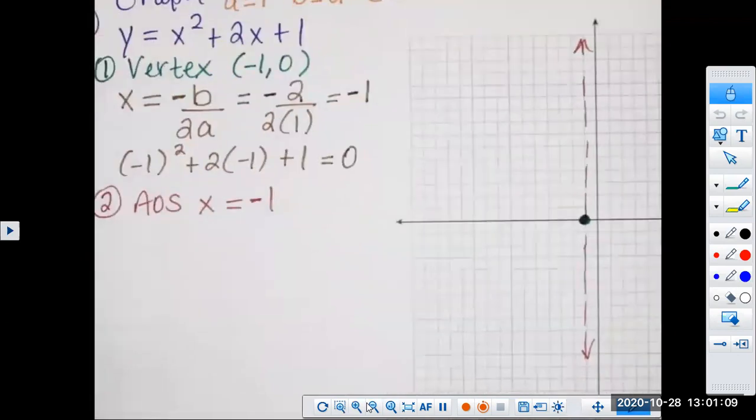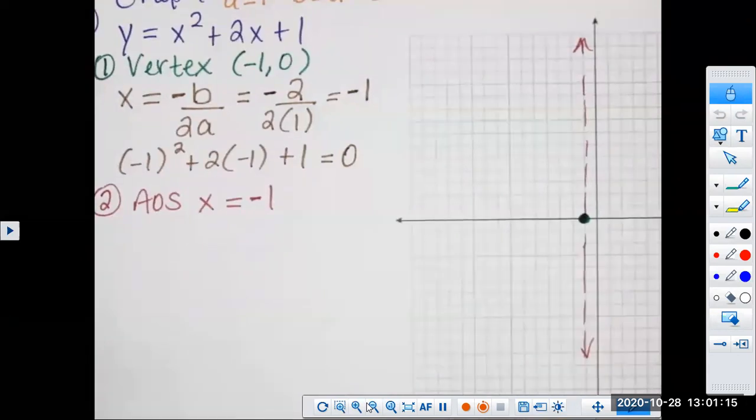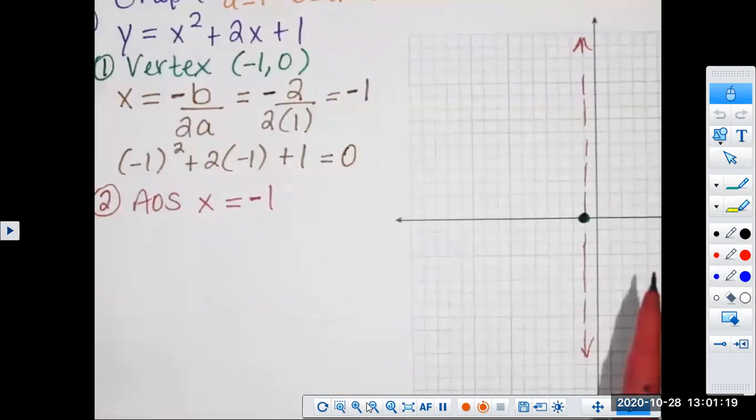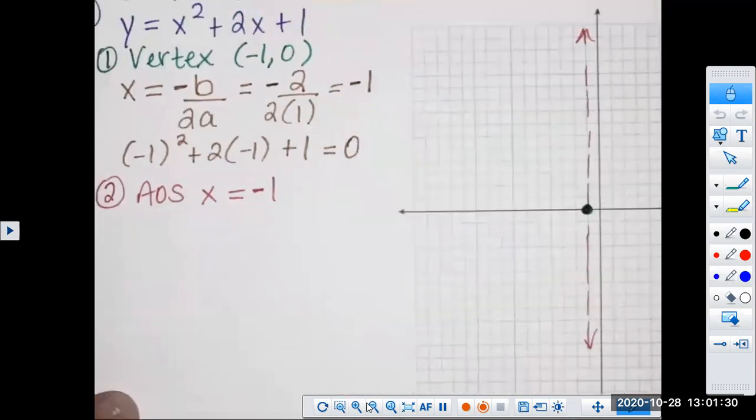Good, negative 2 and negative 3. I always try to stay close to the vertex. If you venture out too far, this being squared, you're going to wind up with really big numbers. Which numbers do you want to plug in? Negative 2 and negative 3, or 0 and 1? Yeah, I'm always a fan of 0.